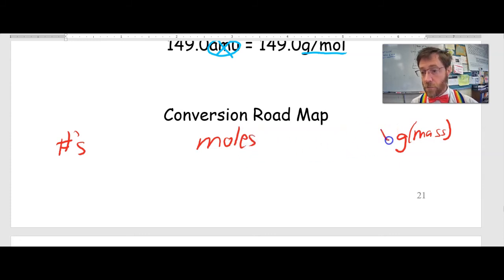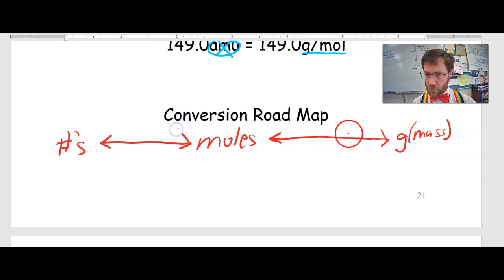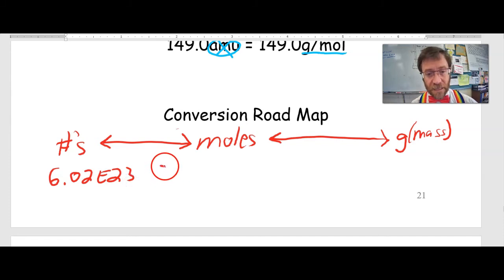Okay? So, to go back and forth between these 3 units of measurement, we're going to need conversion 1 and conversion 2. And it works like this. 6.02 times 10 to the 23rd of anything is equal to 1 mole of anything.